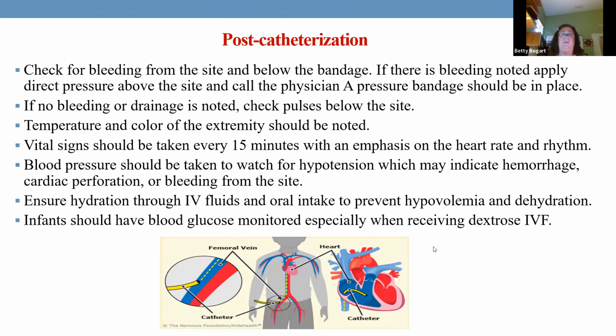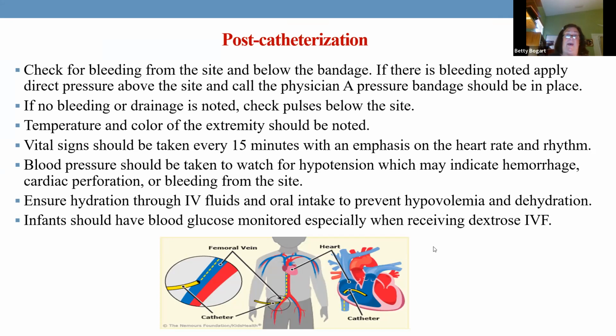And what they do after they're done with the cardiac cath, they hold pressure there and they make a clot. It stops bleeding. They put a pressure dressing on it, but they come back to the room. You know, they could have jostled the clot. It could have fallen off between moving them from bed to bed or even moving them down the hallway in their crib, etc. So number one, you're going to check that dressing.